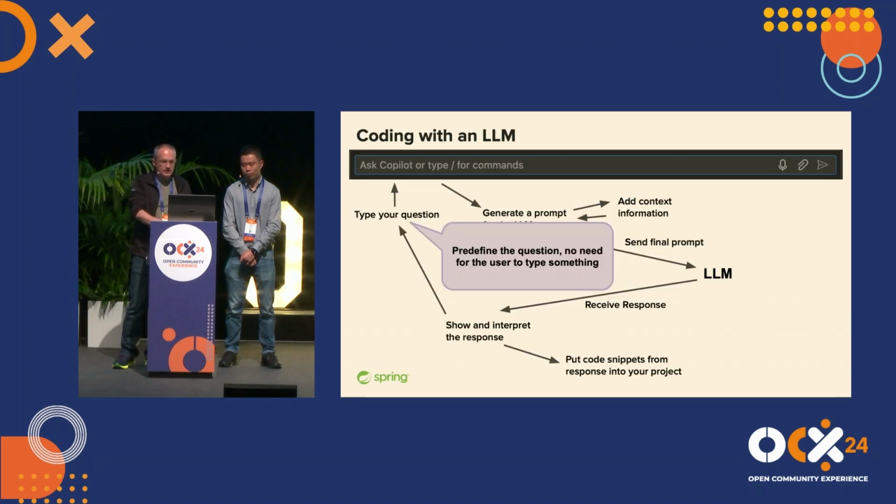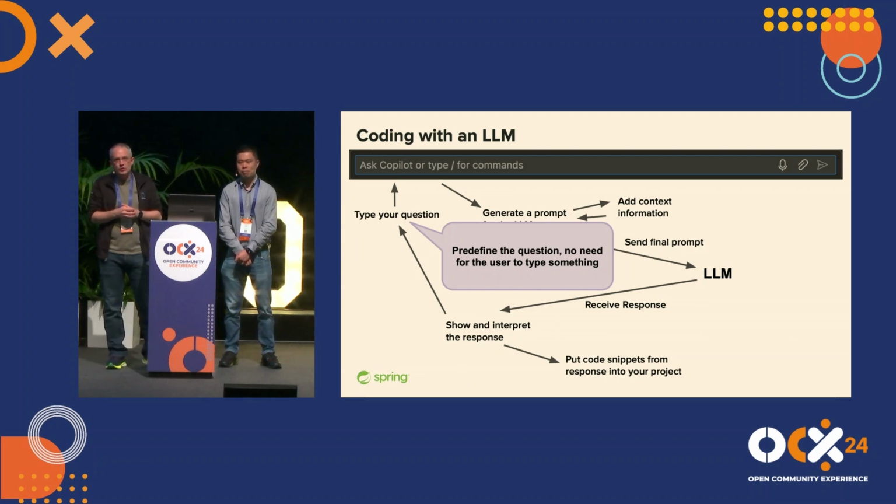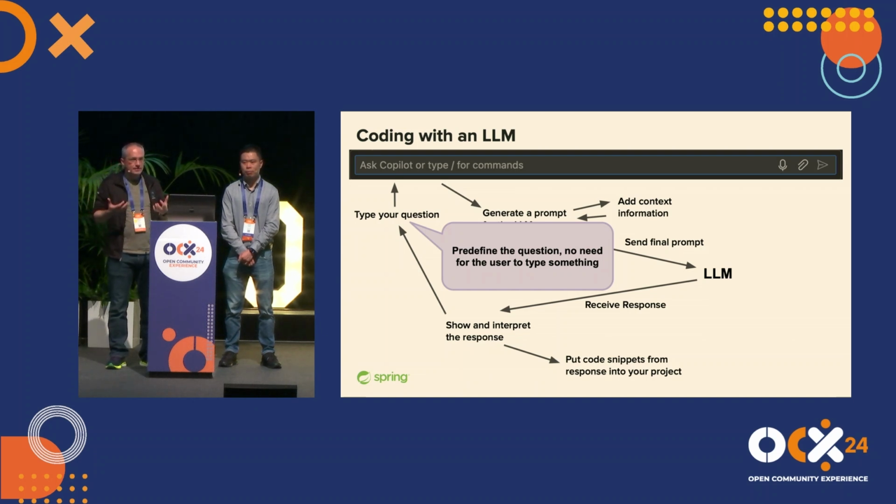When we will see this basically in action. So the one thing that we can do here is, for example, we can predefine prompts and predefine questions for the user that we think makes sense for a Spring application and that we know might make sense for a Spring application developer.